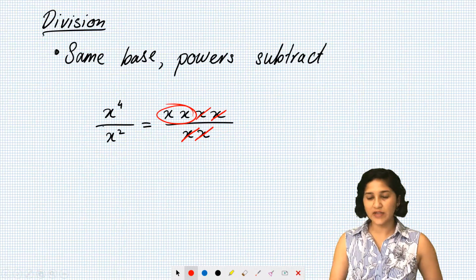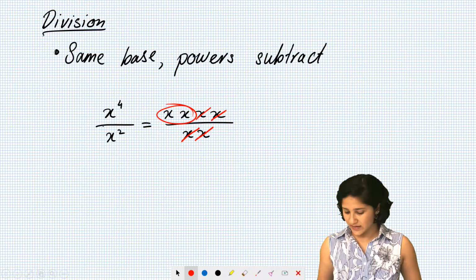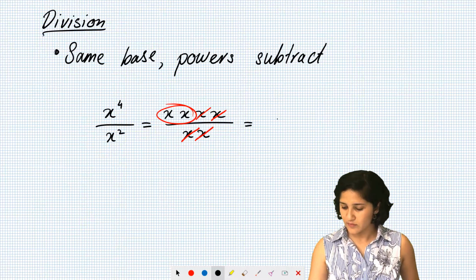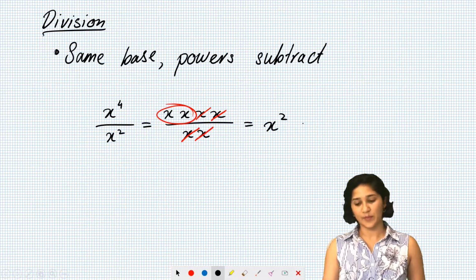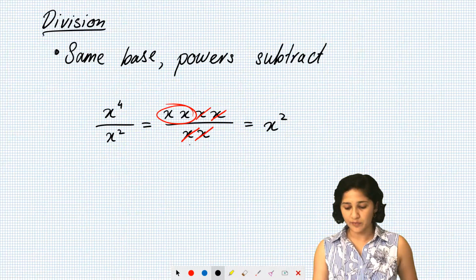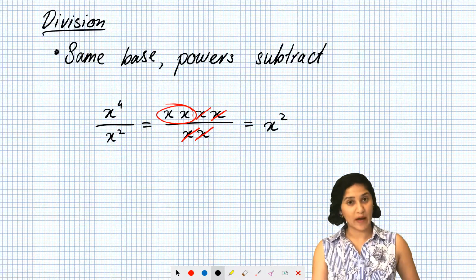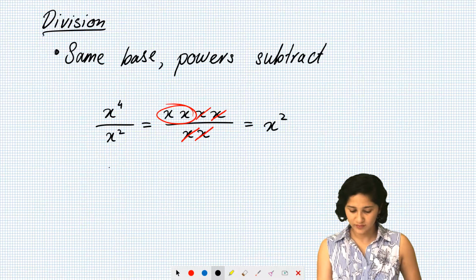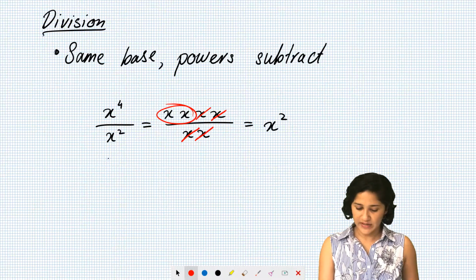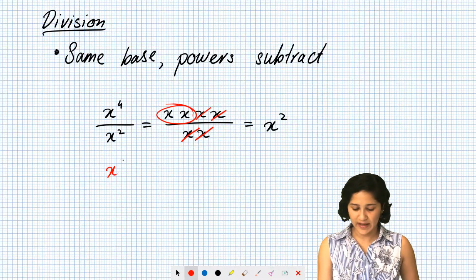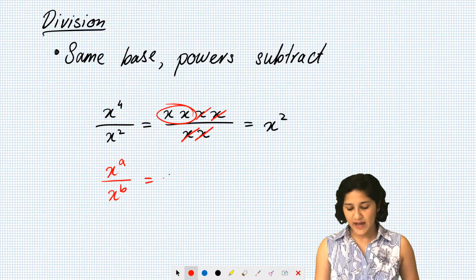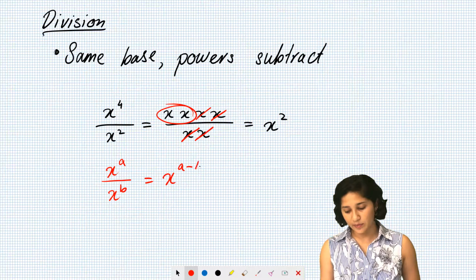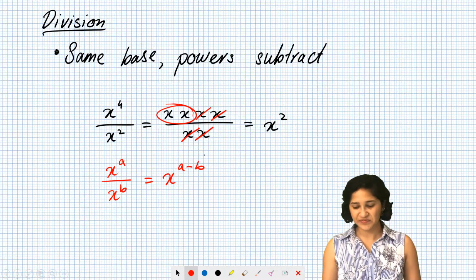So what that leaves is just the 2 remaining x's, so just x squared. So what happens this time is the power on the bottom gets subtracted from the power on the top. So x to the a divided by x to the b gives me x to the a minus b. That's it.